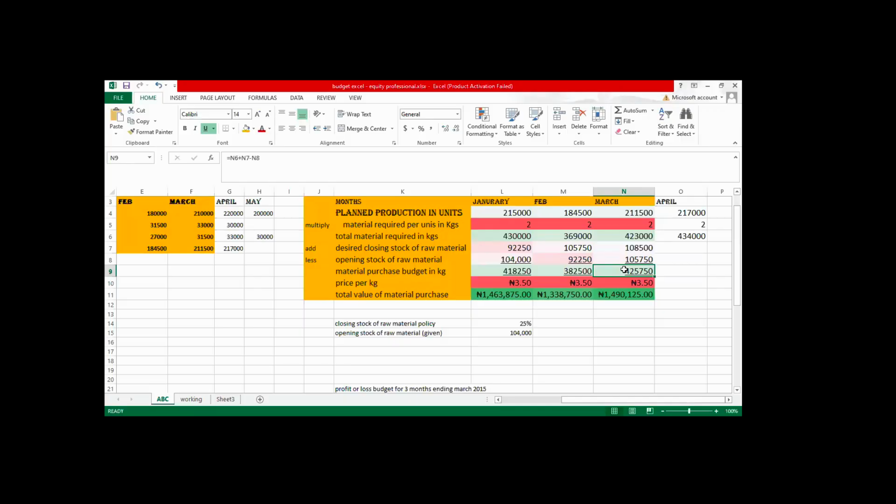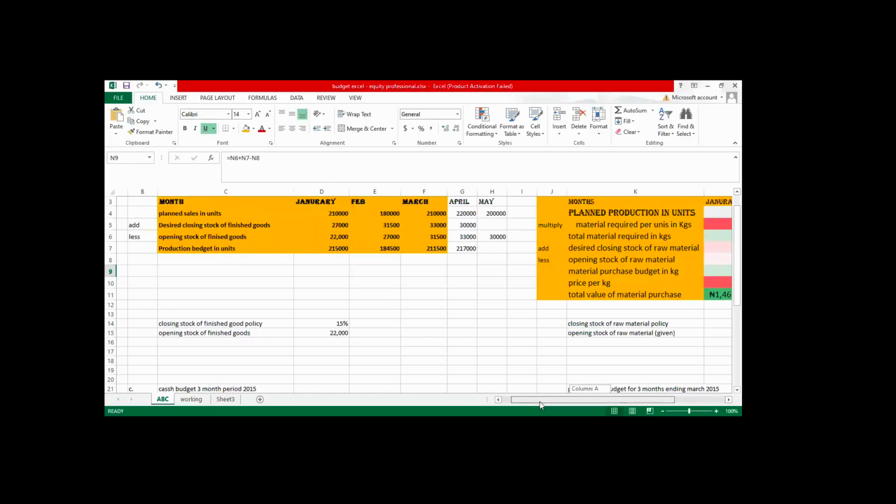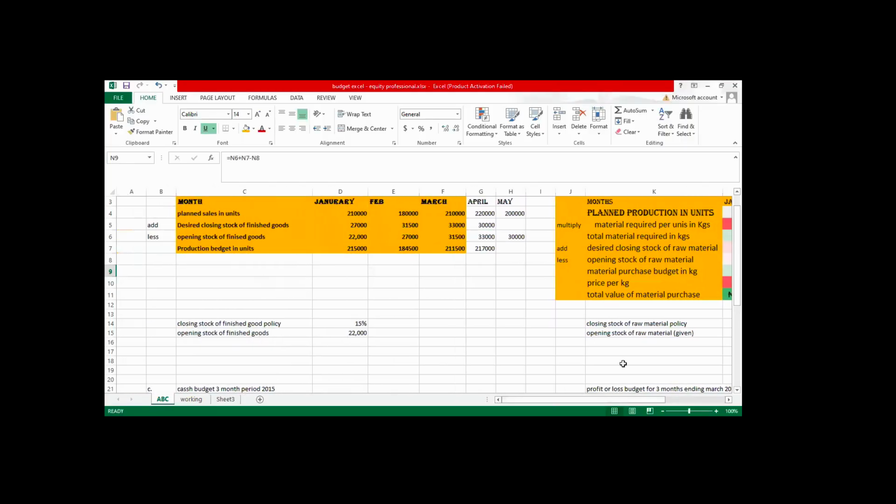The inventory policy says for finished goods, 15% of following month. The following month will be April. For raw material, the policy says 25% of following month. That means we require April for working purposes. You are done with requirements B.